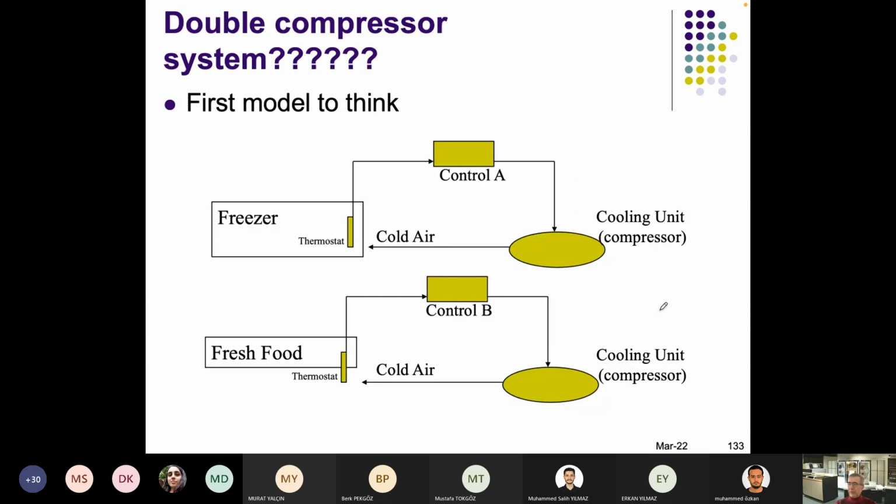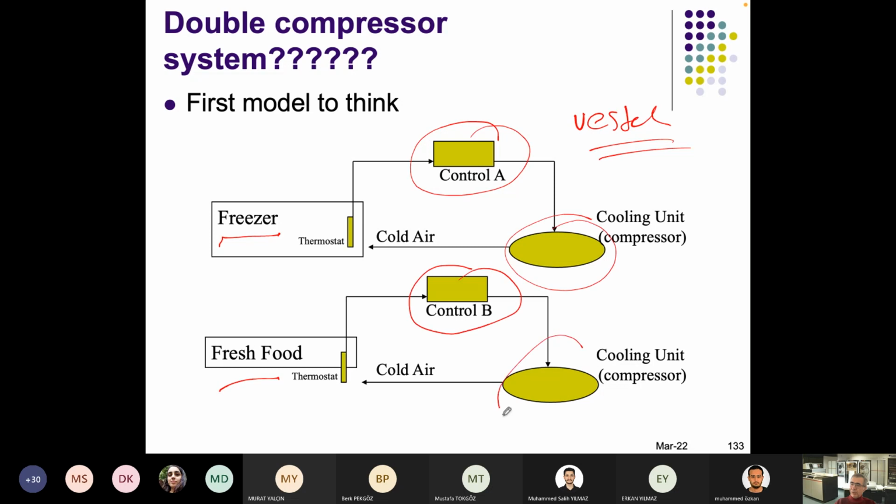So based on these two interfaces, in the first example, in the Vestel one, you tend to think that there are two separate units. One of them is freezer, one of them is fresh food, and there is a control on the left, there is a control on the right.